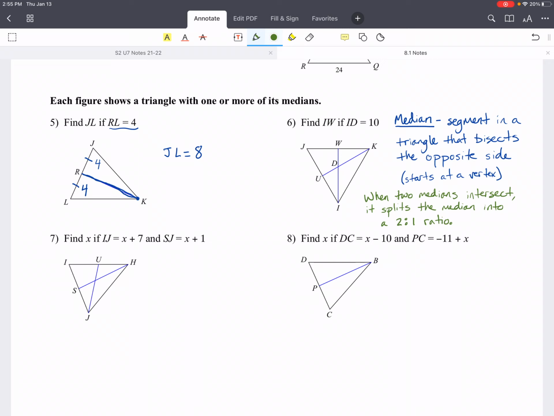What does that mean? That means that this piece, this ID, which is 10, is going to be twice as big as WD. So you take this shorter piece and times it by 2 to get the 10, so that tells me that WD has to equal 5, because 2-to-1 ratio just means doubling, which means the whole piece, IW, is going to be 15.